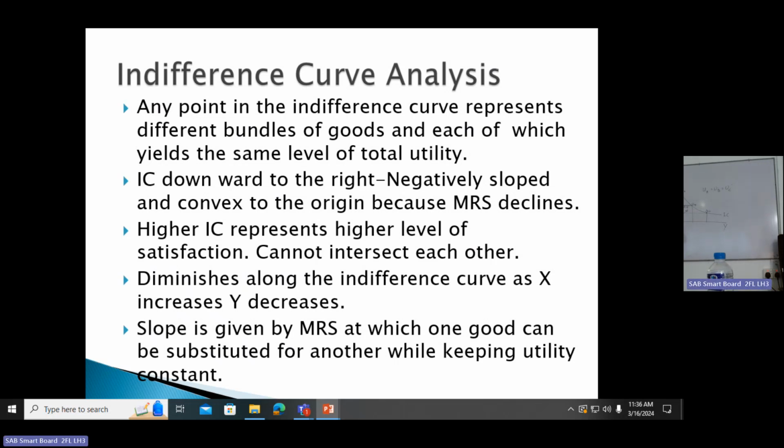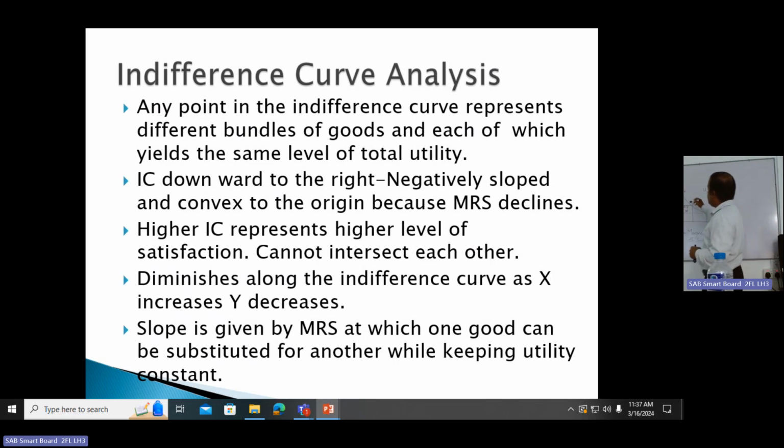The slope of the indifference curve explains the marginal rate of substitution, MRS. So the slope of the indifference curve gives us the marginal rate of substitution.